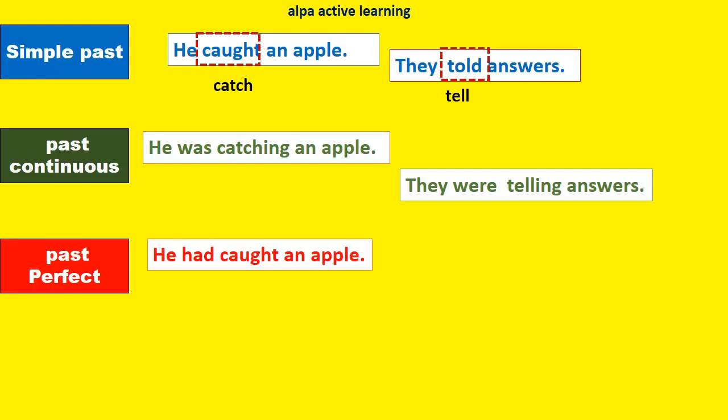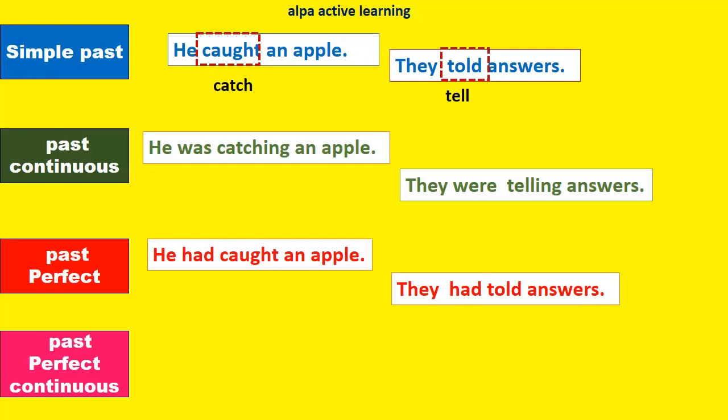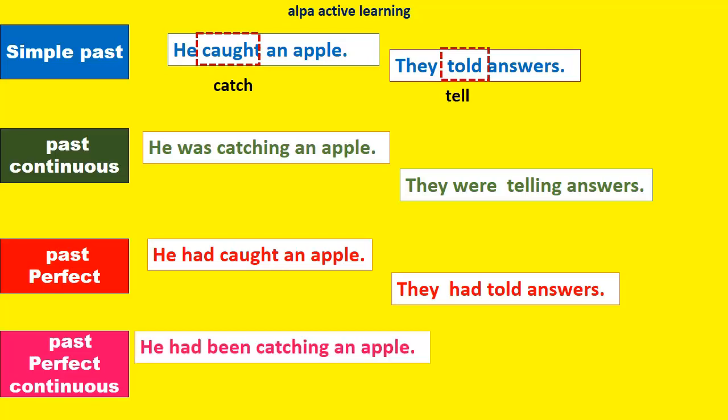Now once you know this, past perfect is very easy because here for all we put had. And we know catch, caught, caught, third form will be used. Tell, told, told, that also third form. So this is he had caught an apple, they had told answers. Now past perfect continuous, again had will be the same.